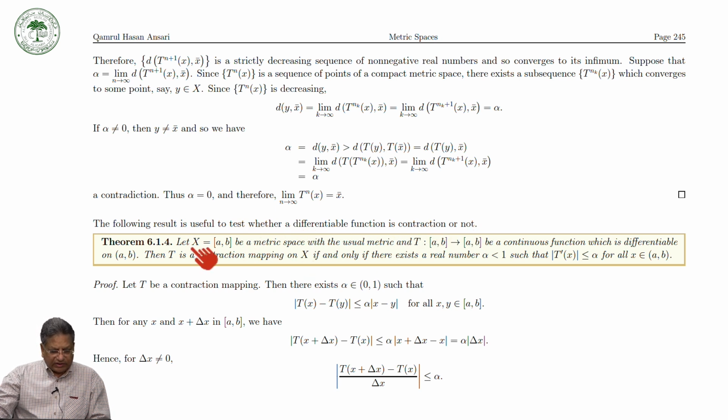So how? Let us take X equal to the closed interval [a, b]. Now keep in mind, closed and bounded intervals are compact. And of course every compact metric space is complete because it is sequentially complete.